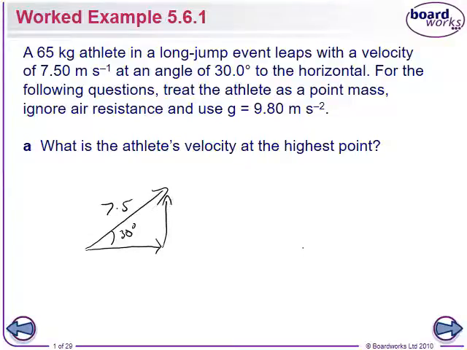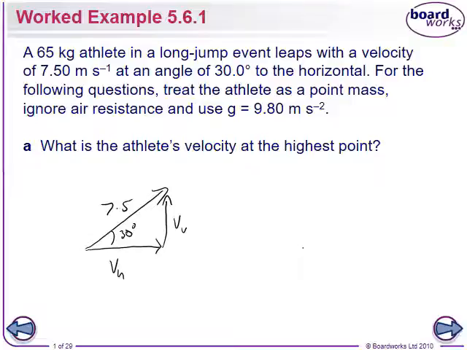Okay, so this is going to be our velocity horizontal and our velocity vertical. So from trigonometry we can work these out. All the formulas are on the previous page. Okay, let's do it from first principles.